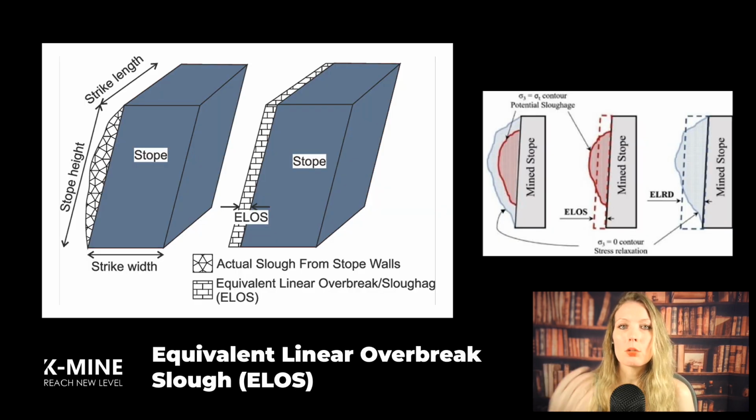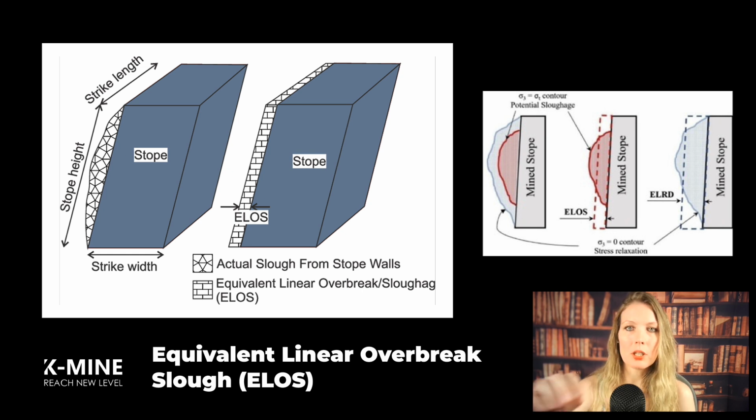In addition to structural stability, the economic considerations must include the impact of dilution and ore loss. The equivalent linear overbreak slough, or ELOS, method quantifies expected overbreak based on the rock mass rating and excavation technique.